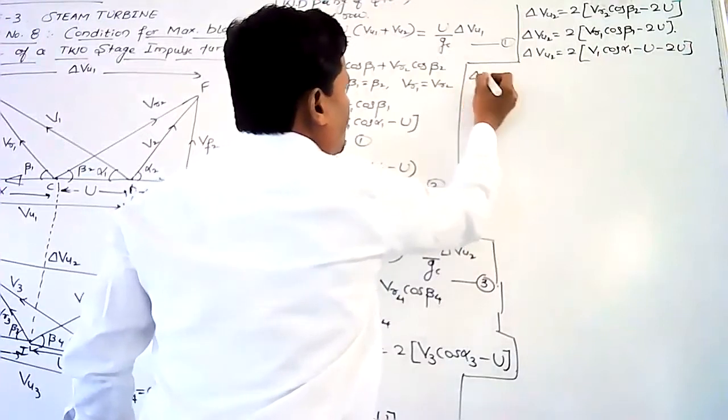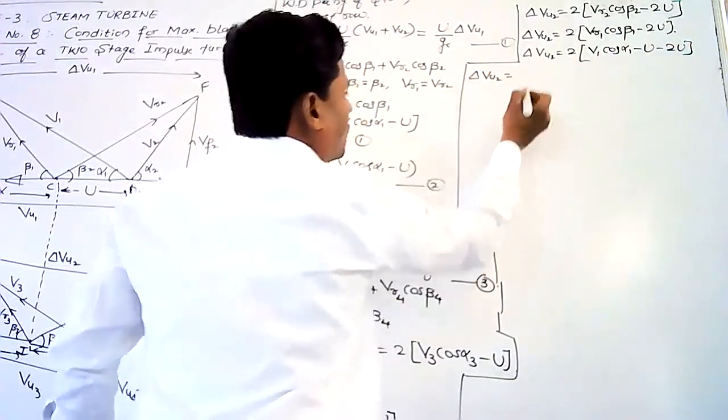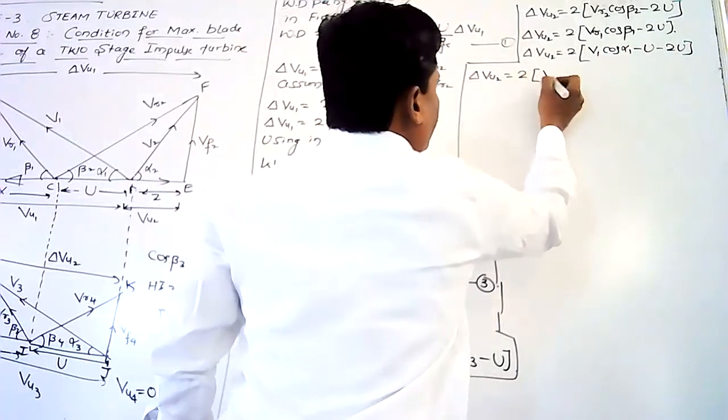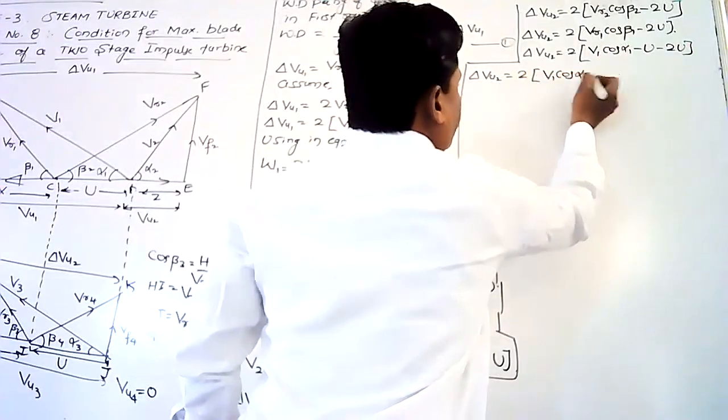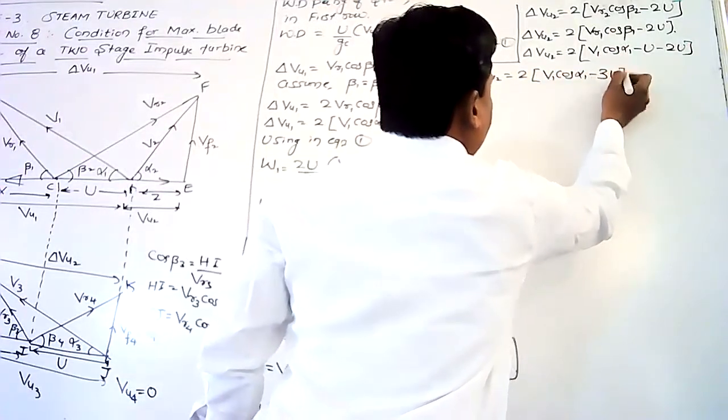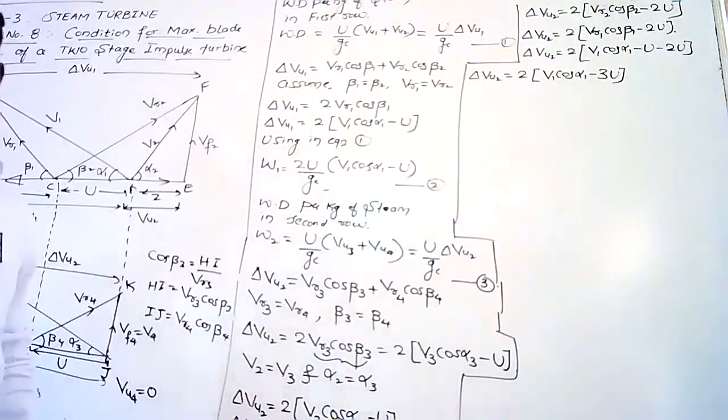Or delta VU2 equals 2 times V1 cos alpha 1 minus 3U. So we have written the angle in terms of alpha 1.